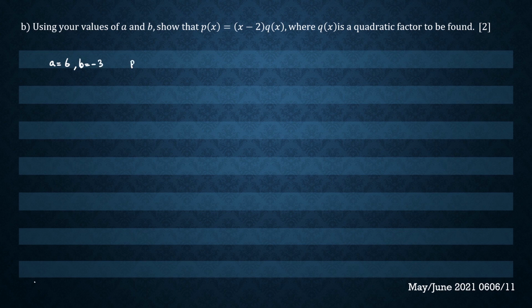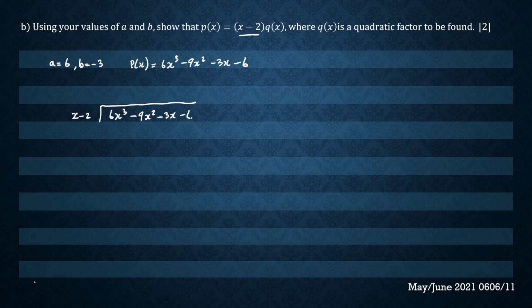We'll get P(x) equals 6x cubed minus 9x squared minus 3x minus 6. And from our previous section, we know that x minus 2 is a factor. So we can divide that into the polynomial. So we'll divide x minus 2 into our polynomial, 6x cubed minus 9x squared minus 3x minus 6.